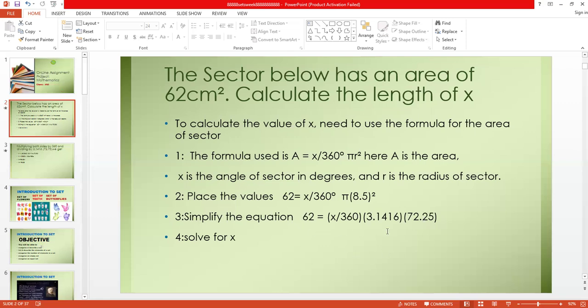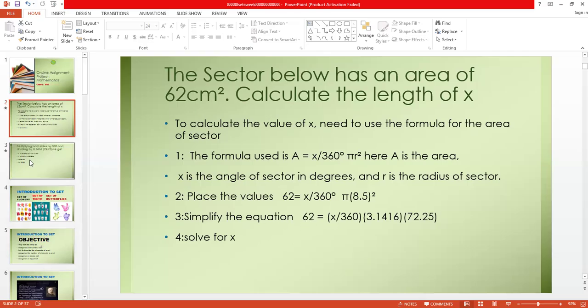So we have to solve for it. Okay. And how do we have to solve for it? First of all, we have to multiply the value of pi with that 8.5 whole square. So we have to multiply 3.1416 with 72.25. Okay. And after multiplying, we have to divide it with this value.